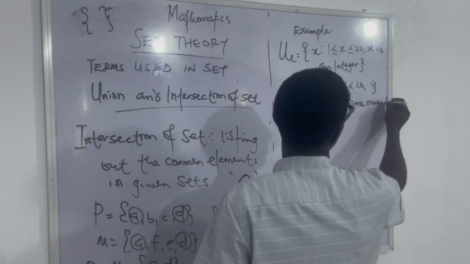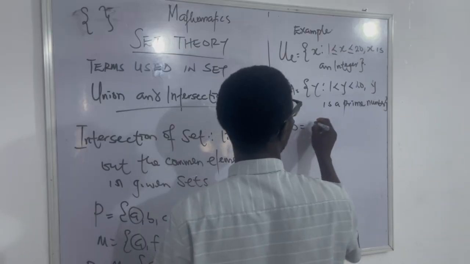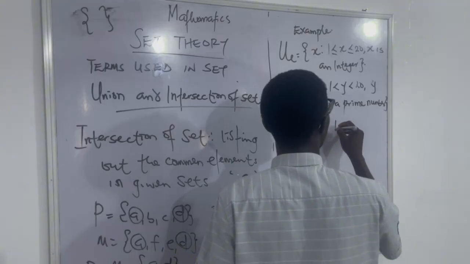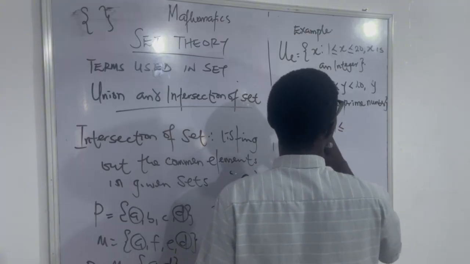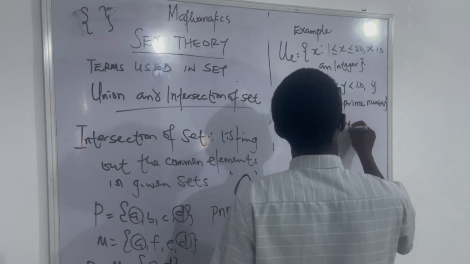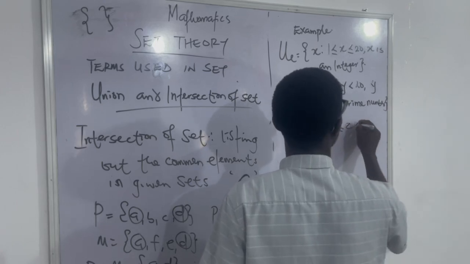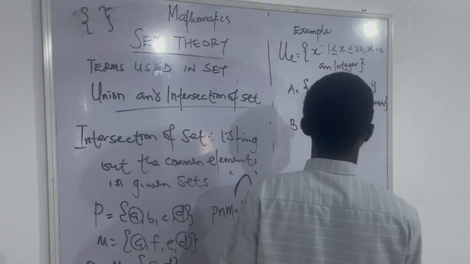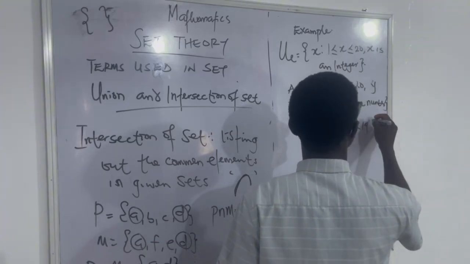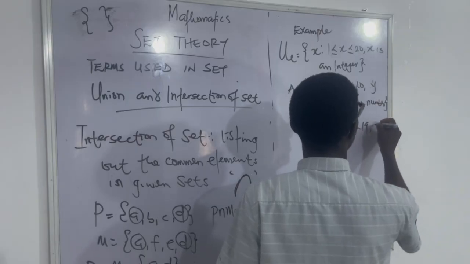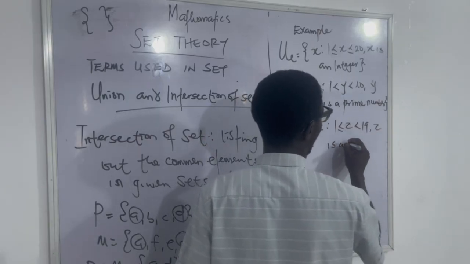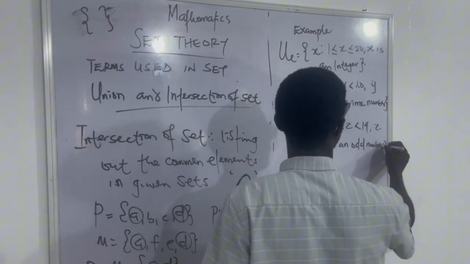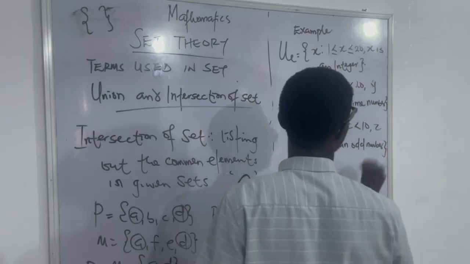And set B is z such that 1 is less than or equal to z, less than 10, z is an odd number. Okay, let me reduce this to 10.